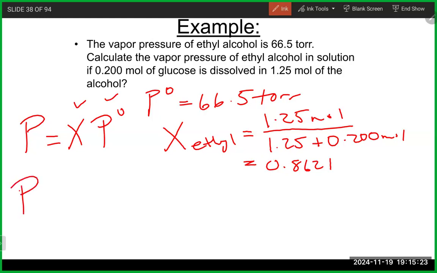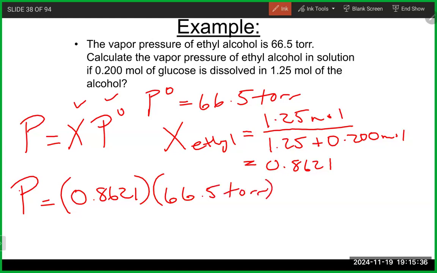So our vapor pressure lowering in this case will be 0.8621 times the vapor pressure of our pure ethyl alcohol, which is 66.5. And that will get us a vapor pressure of 57.3 torr.